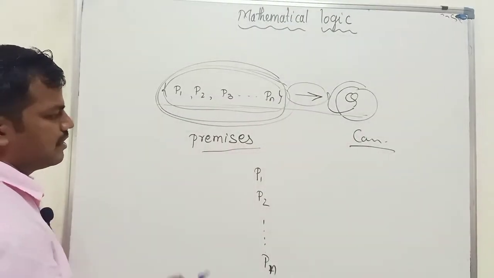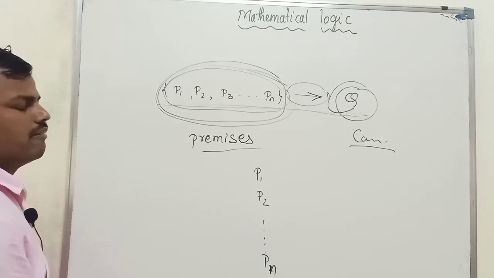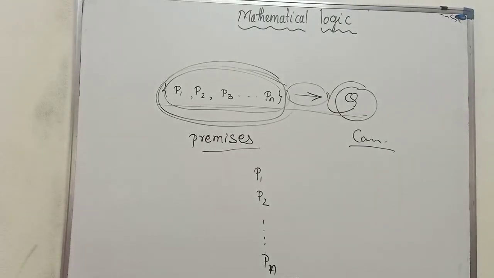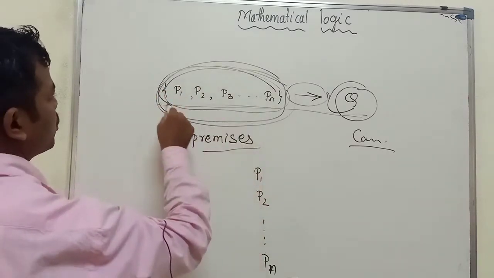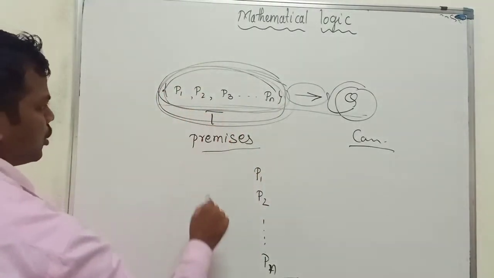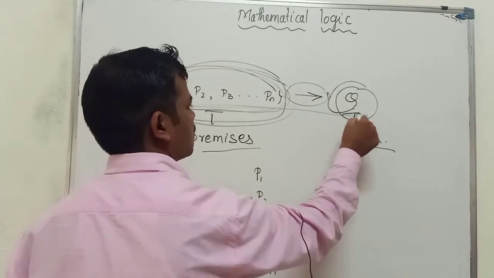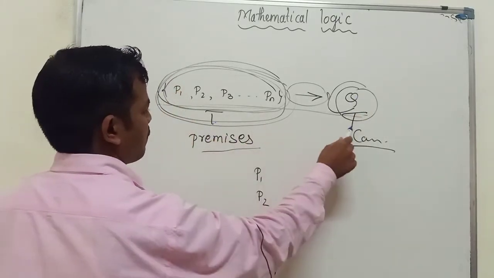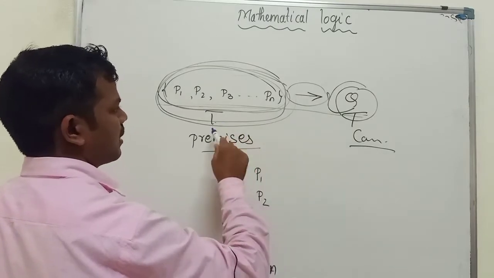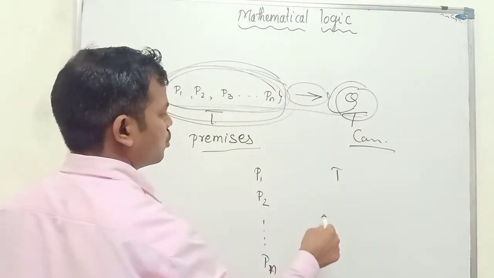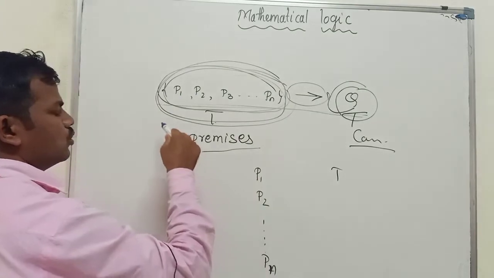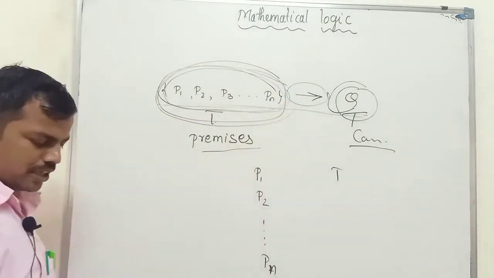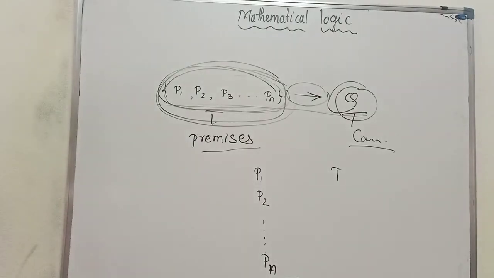So when do we say this is a valid argument? If these components are true, then Q is also true. Then we say that the compound statement is true, and the given argument is a valid argument.